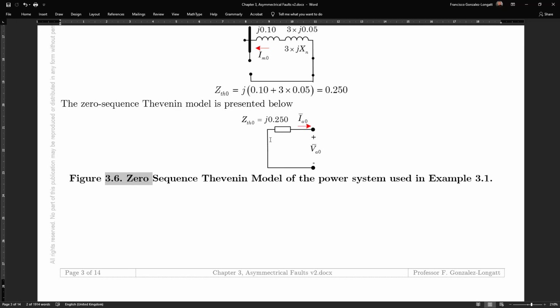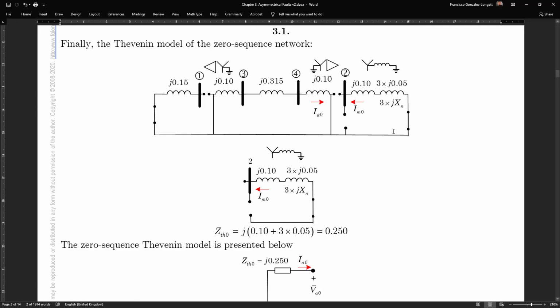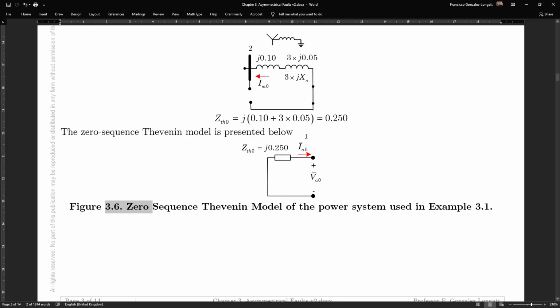Okay, what I'm trying to say, it has been a very beautiful example, because it allows you to understand that there is something big that is the sequence networks, and then there is something smaller that we can use for practical calculations and for interconnecting depending on the symmetrical fault, and that is the Thevenin equivalent model. Okay, please keep watching the videos, because this example will be used later in some other examples.